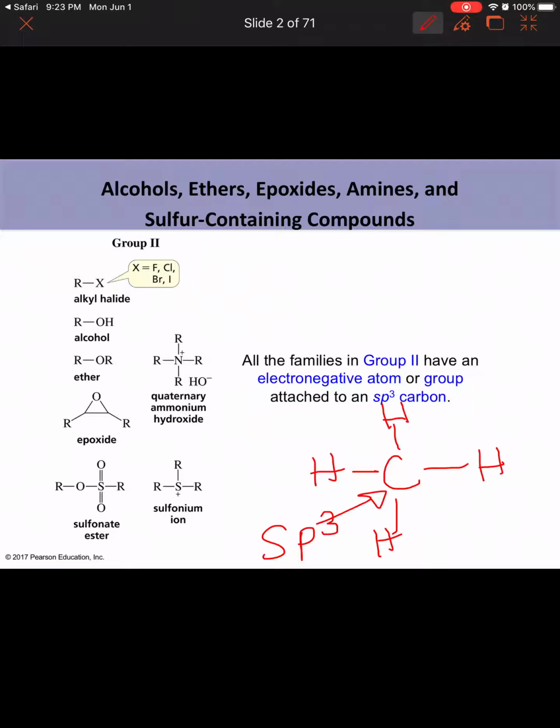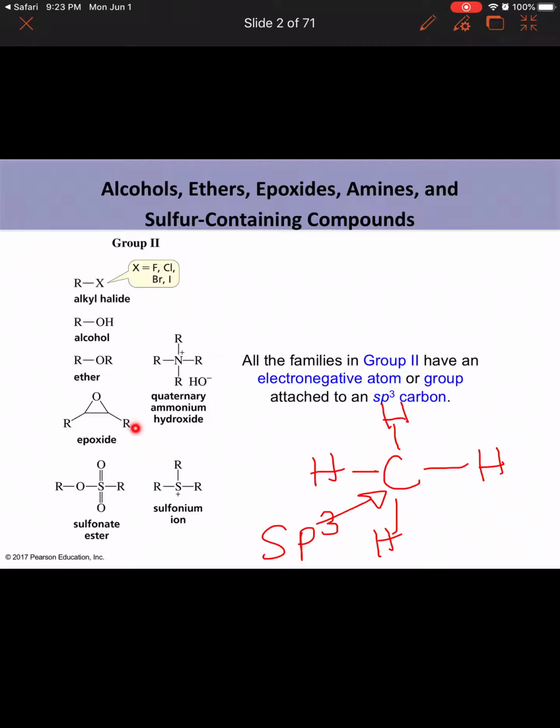So an alcohol OH group is attached to an sp3 hybridized carbon. And in an ether, you have an oxygen flanked by 2 alkyl groups, and that is an ether functional group.